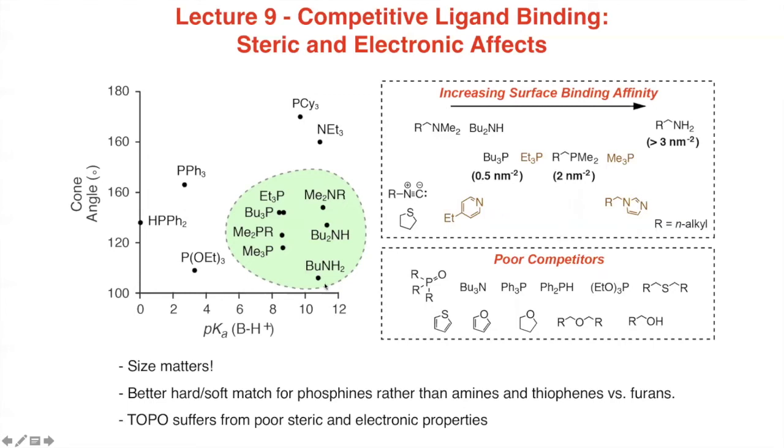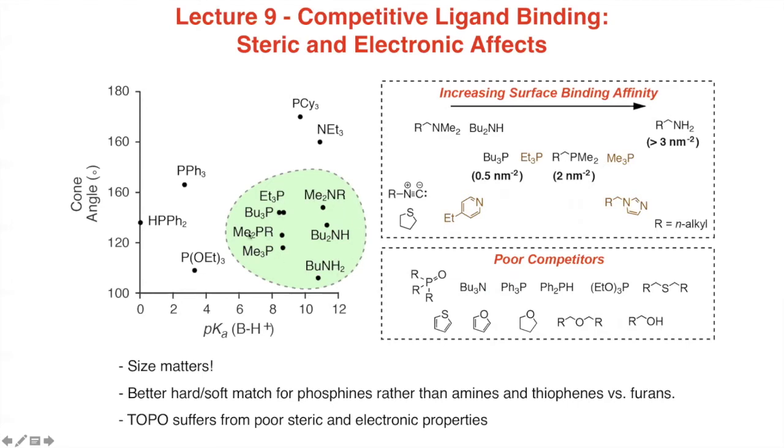And so basically, we looked at those two parameters and found that molecules with a very high pKa of the conjugate acid, or in other words, strong bases, are better ligands, and those with small cone angles or small steric sizes are better ligands.